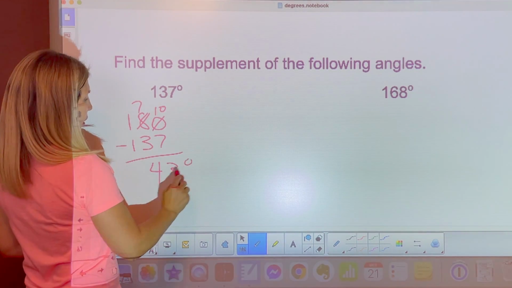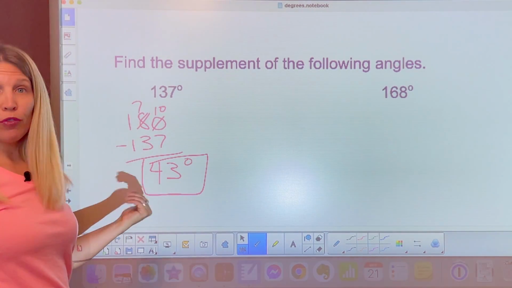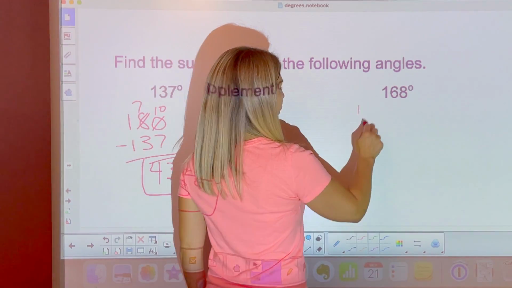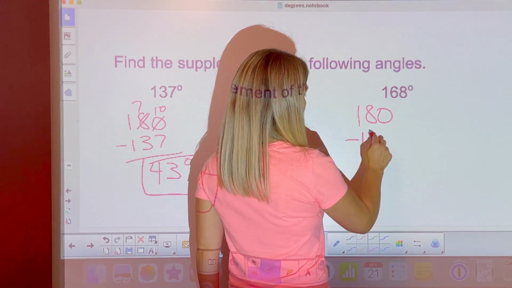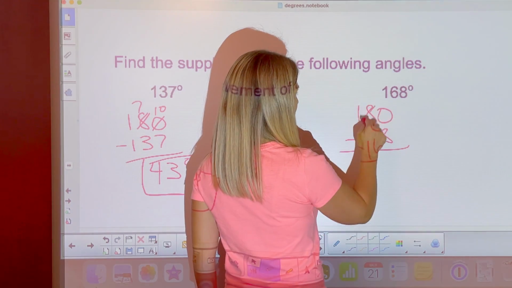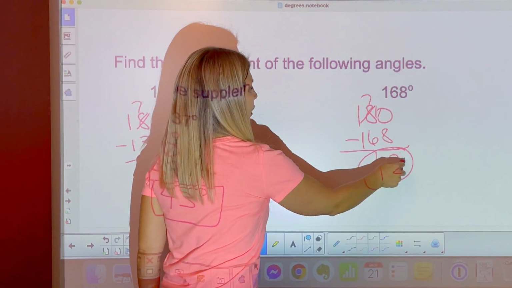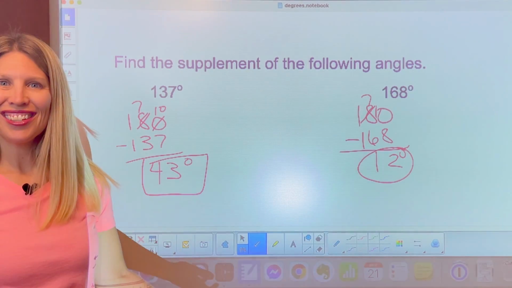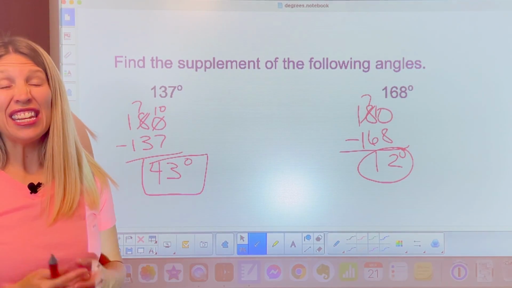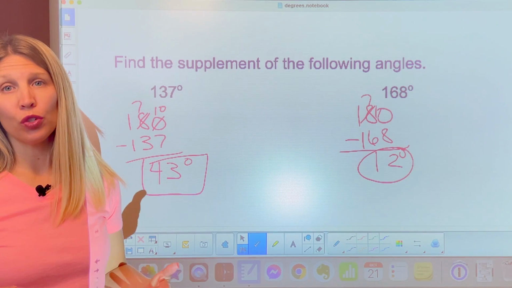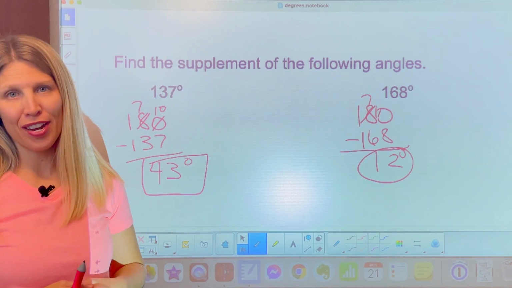So this supplement would be 43 degrees. And then over here, to find your supplement, again, you're just going to subtract them from 180. And this supplement would be 12 degrees. And that's how you easily work trigonometry with degrees, with information that you already know.